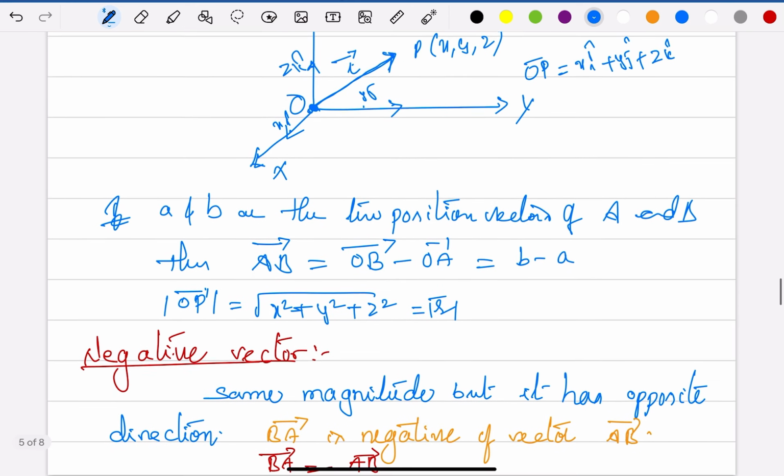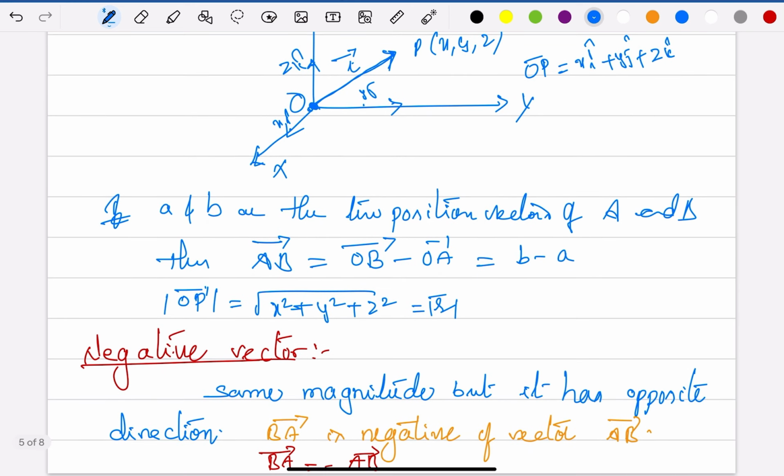If A and B are two position vectors, then AB vector is equal to OB vector minus OA vector. That is, the position vector of OB minus the position vector of OA.